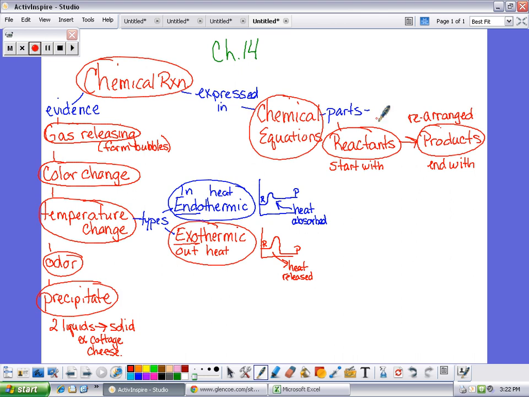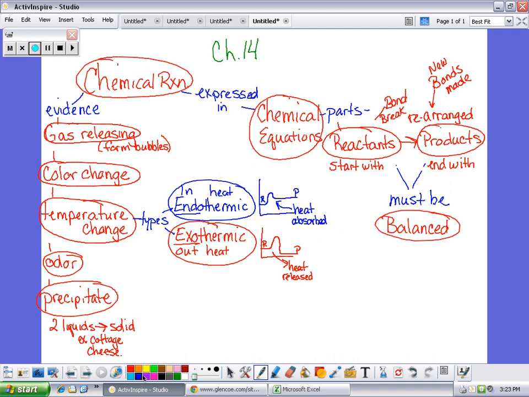And this is done because bonds break in the reactants. And new bonds are made in the products. Now, the key thing with the reactants in the products is that they must be balanced.